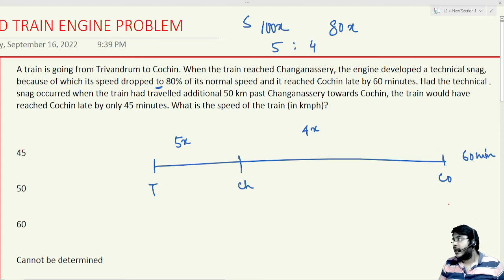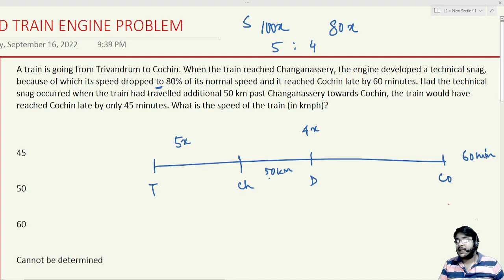Okay. Had the technical snag occurred when the train had traveled an additional 50 kilometers, suppose Changaneshwari, I'm saying that this distance to be d. This is 50 kilometers. I hope this is perfectly visible. Okay.